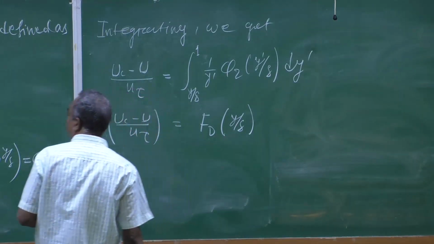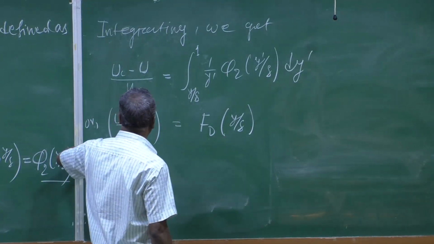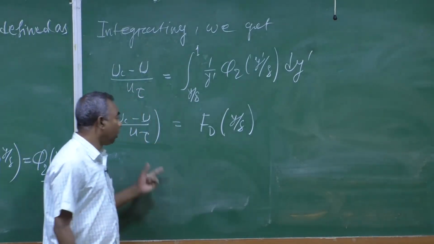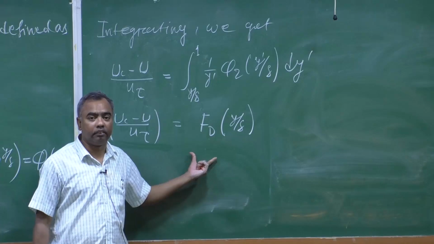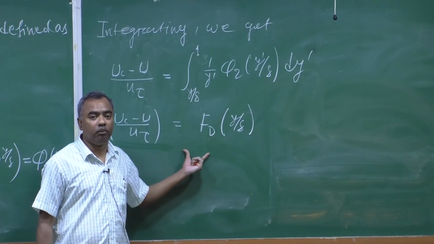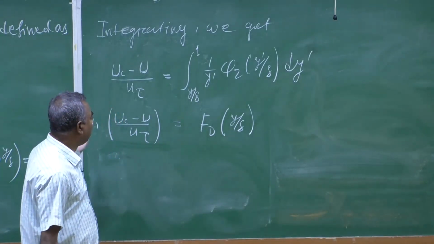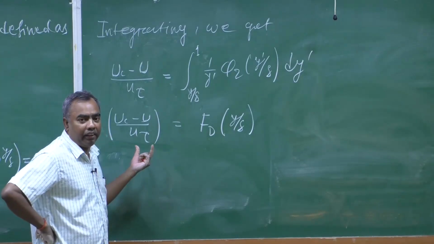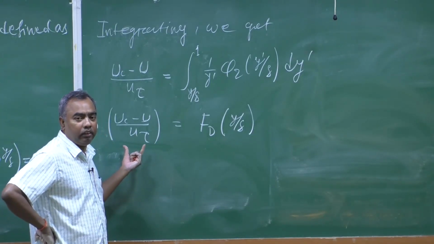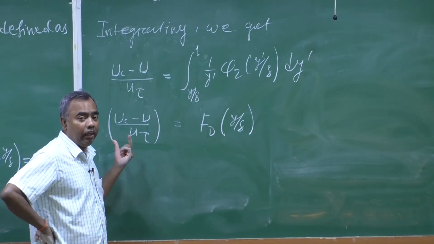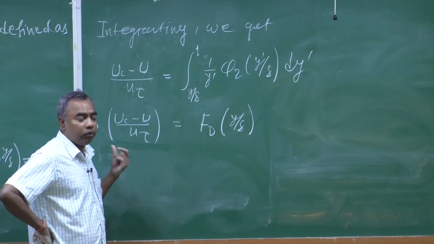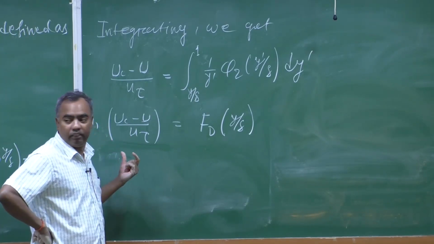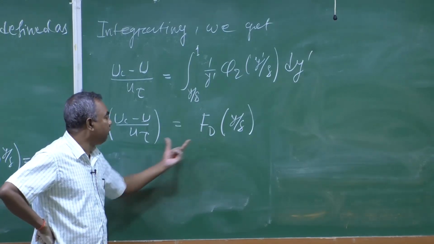All right. Now, an interesting point: this law is mainly for the outer layer. Between the outer layer and the inner layer, we do have an overlap layer. So, how is this function going to be in the overlap layer?